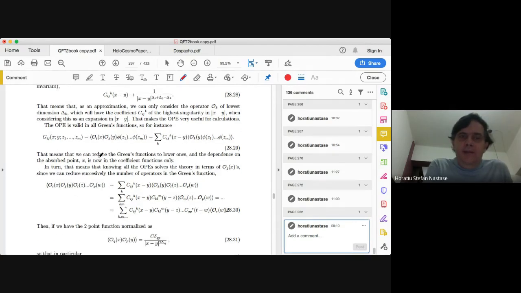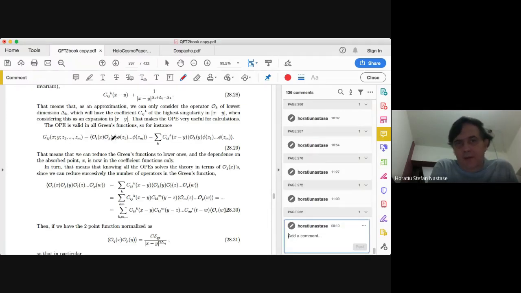On the other hand, perhaps I do know the complete set, and then in a Green's function, which has an insertion of operators and then maybe some fundamental fields, I can write the operator product expansion of OI with OJ, which is the sum over k of coefficient functions Cij(k) of x minus y, times the operator in the corresponding VEV.